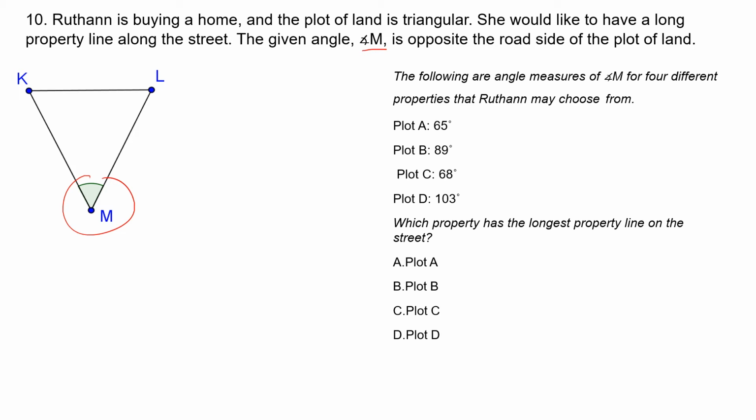And so also you could use logic and say that the smallest side will be opposite the smallest angle, and the middle angle will be opposite that middle side length. And so in this case, we're looking for the longest side, and so that would have to be 103, and so it would be plot D, which would give us the longest side opposite that angle.